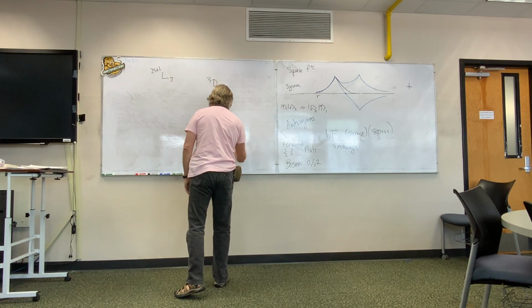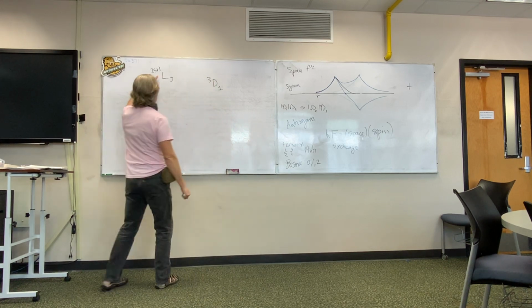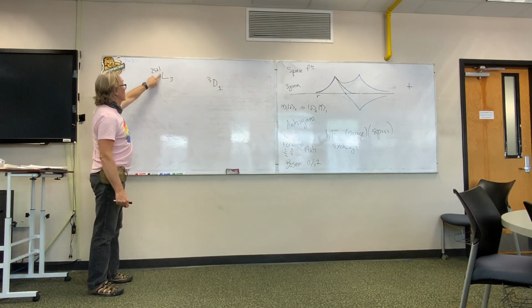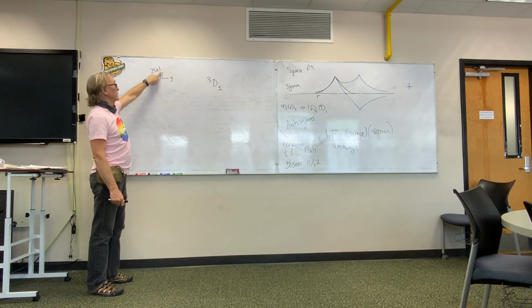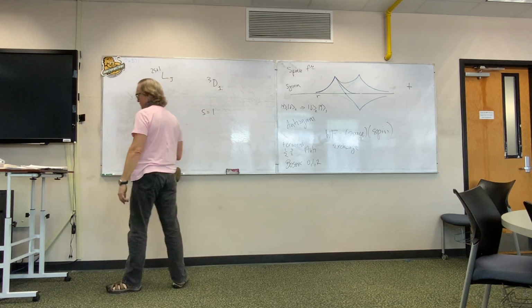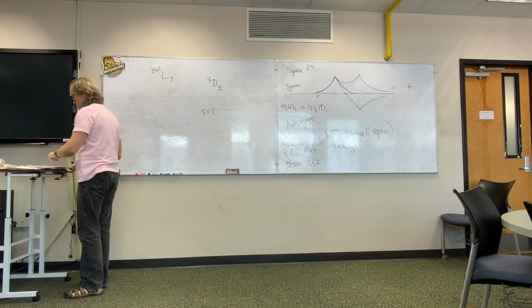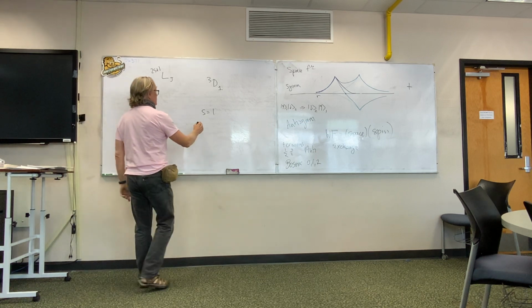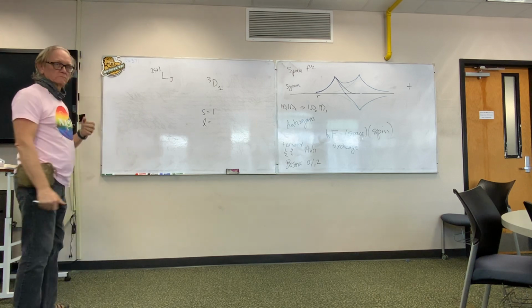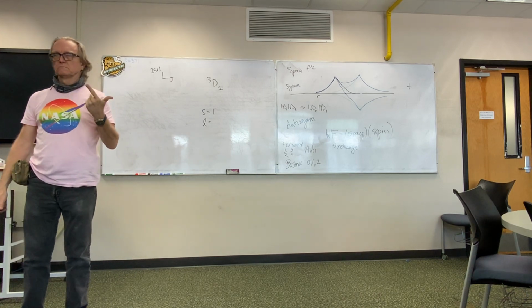So what is that state? According to this motif, that's 3. 2S plus 1 is 3, 2S is 2, S is 1. So that's an S equals 1 state. What is L? 2.